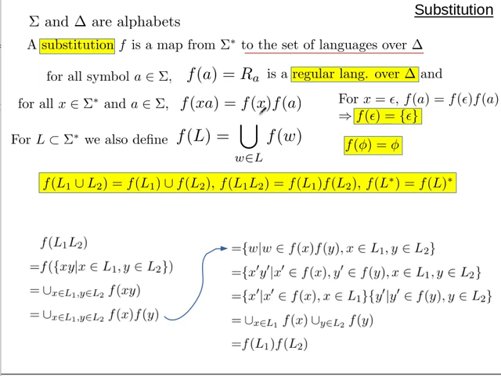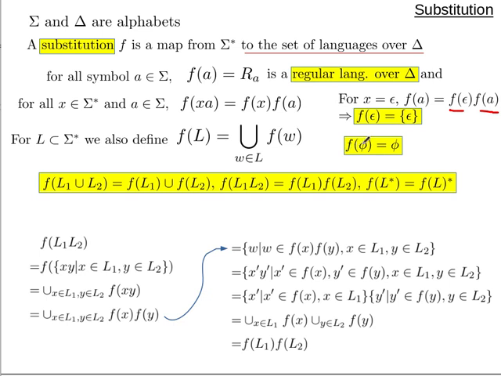Why? Because here if you put x equal to epsilon, you get f of a is f of epsilon concatenated with f of a. So these are languages, right? This is a language and this is a language. And when does this equality hold? This holds if and only if this language is just this language. Okay. With respect to concatenation of languages, this language acts as identity.